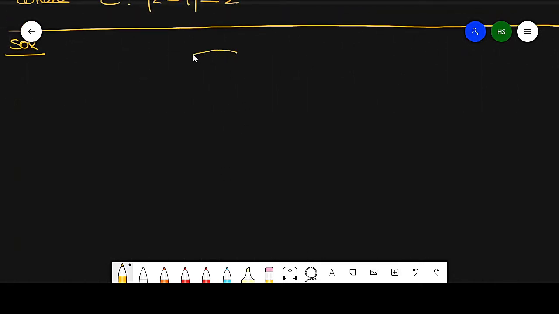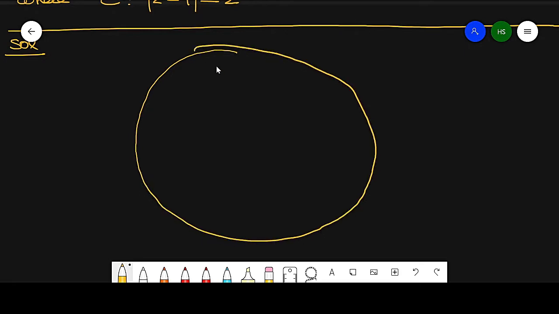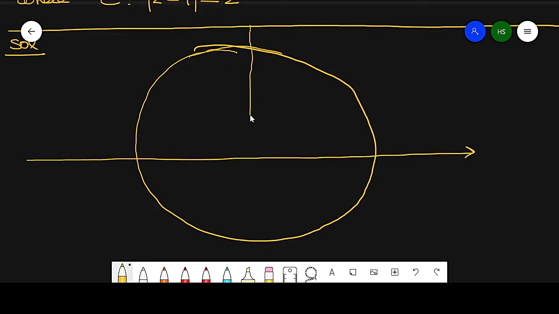If I take a circle of this kind, this is our region. This is the x-axis.